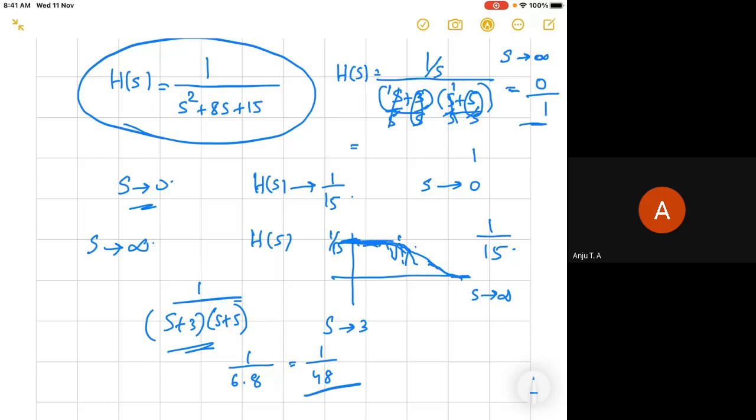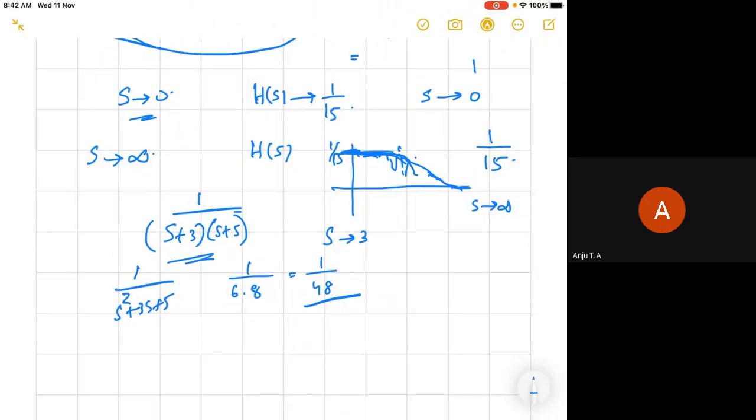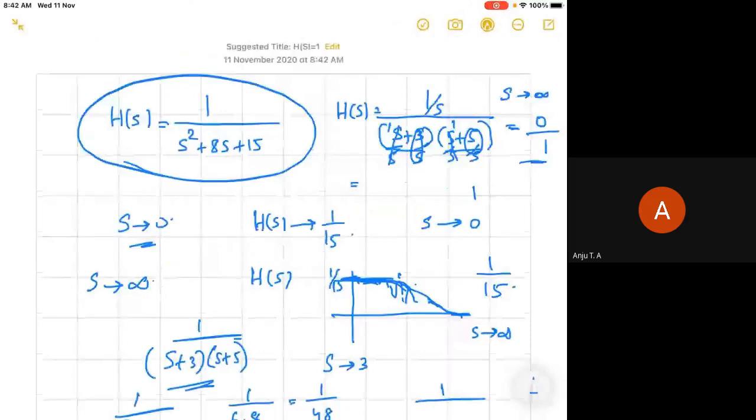And if we give different values, since this is a function of s square, this will not be linear, and hence it will have some ripple, and it is basically decreasing to some value. So this will have a response, 1 by s square plus 8s plus 15. This will have a response with some ripples.